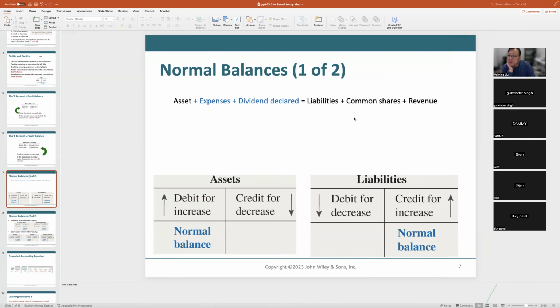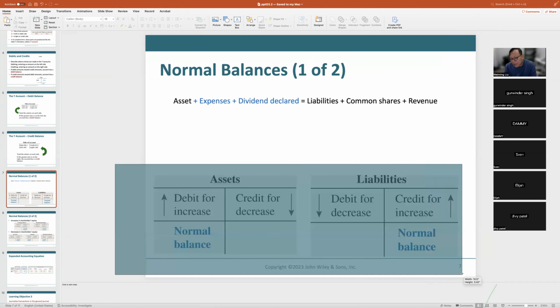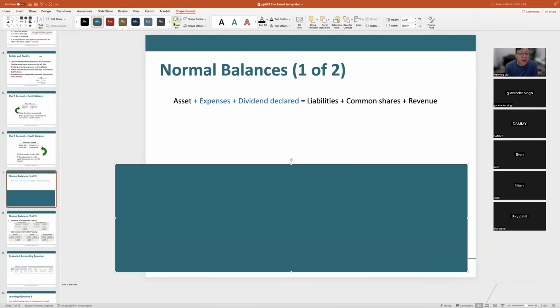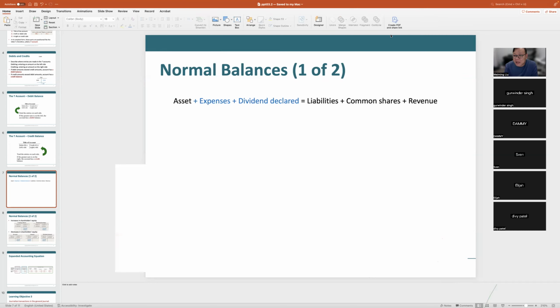So tell me what is on the left side. On my equation, what is on the left side of that equation?